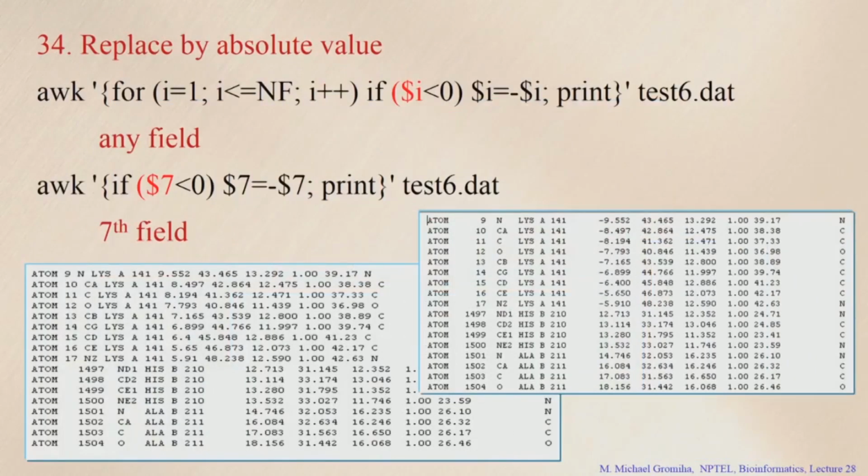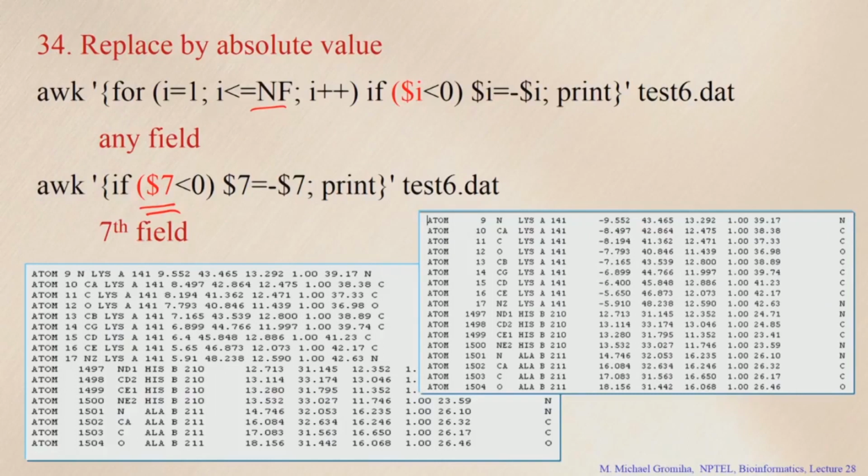So, now I give some more examples. For example, if you want to replace with the absolute value, so we do not want to have these negative values, you want to see the absolute values for any field. So, for i equal to 1 to NF, what is NF? Number of fields. If you want to do it for any particular field, you have to give that particular field, say the 7th field.